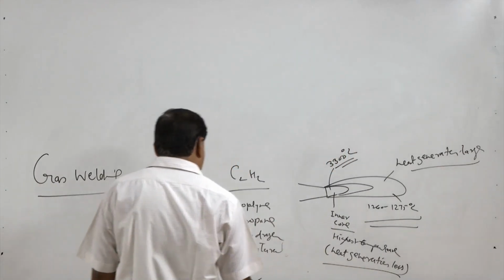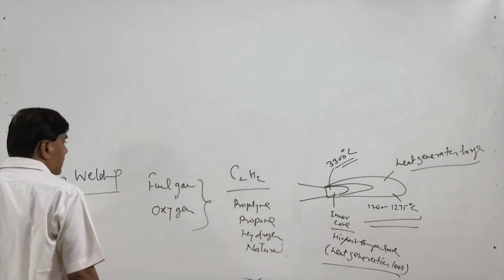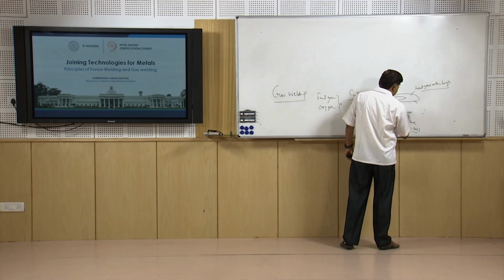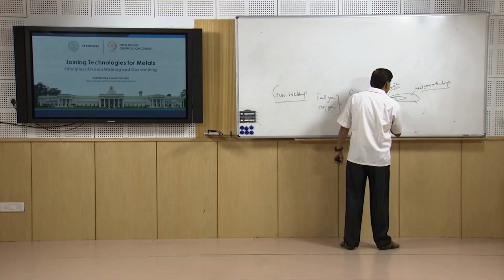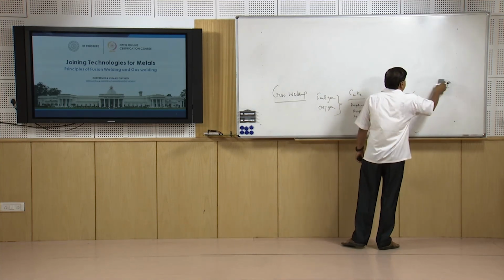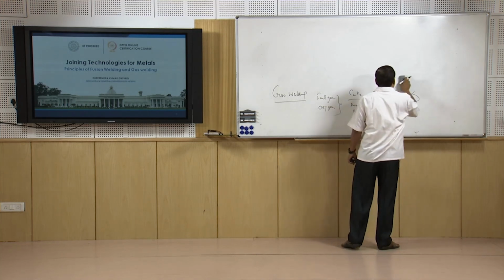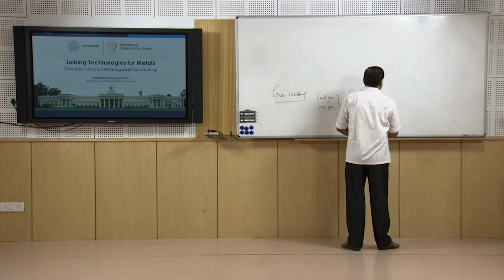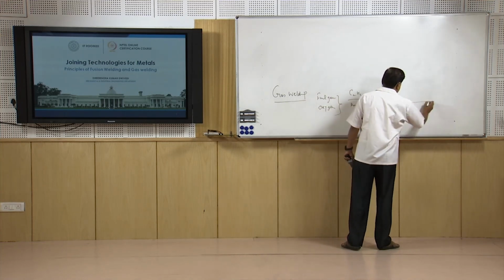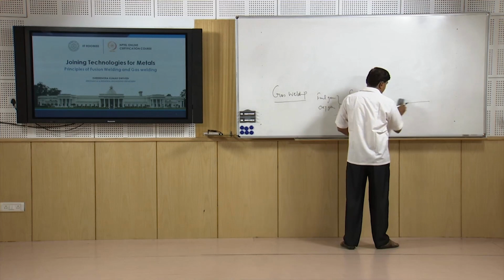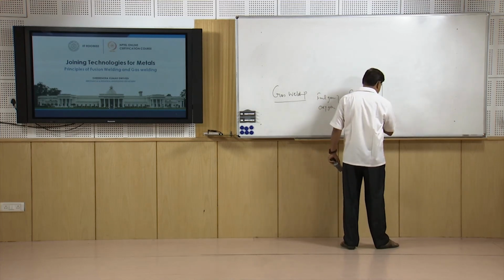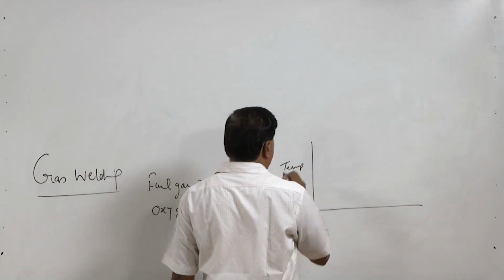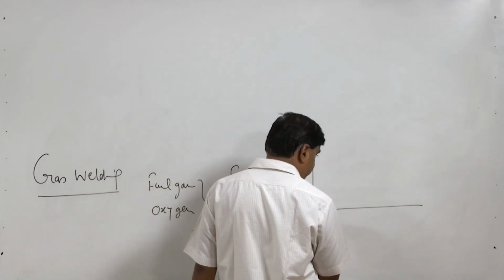If we try to plot the variation in temperature as a function of the distance from the flame tip towards the inner cone, that is what we can see from this diagram, wherein this is the x axis and the y axis is showing the temperature of the flame.